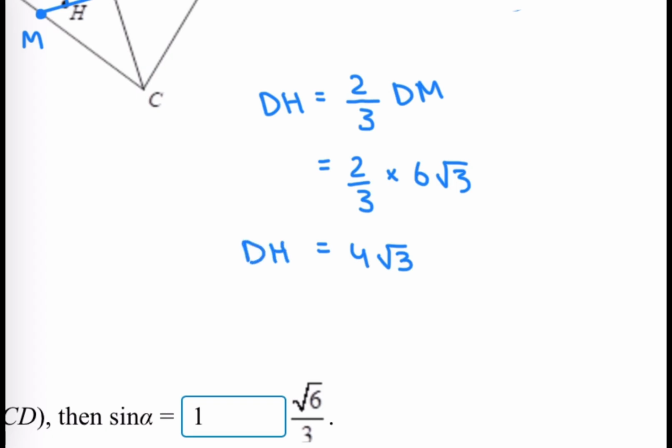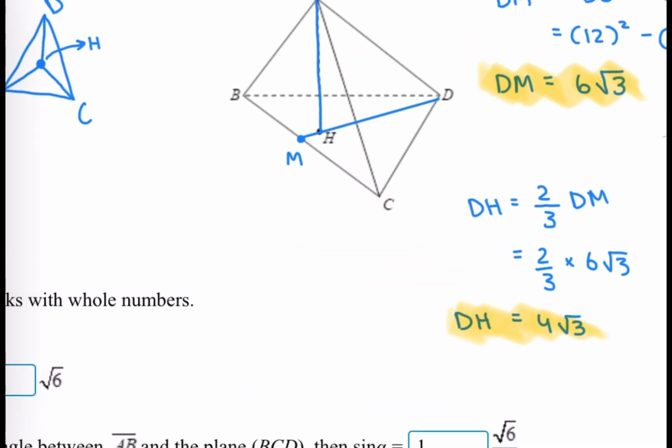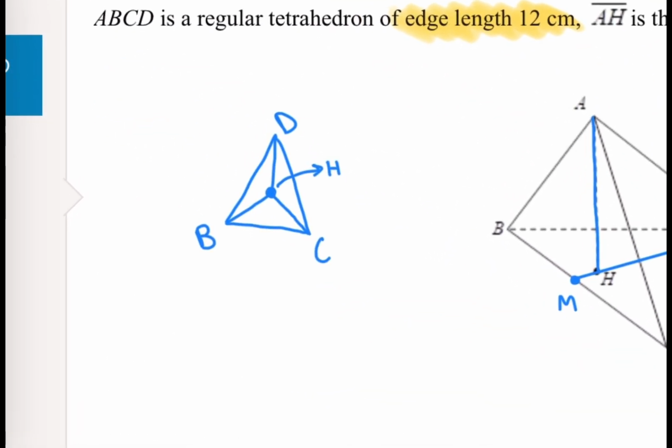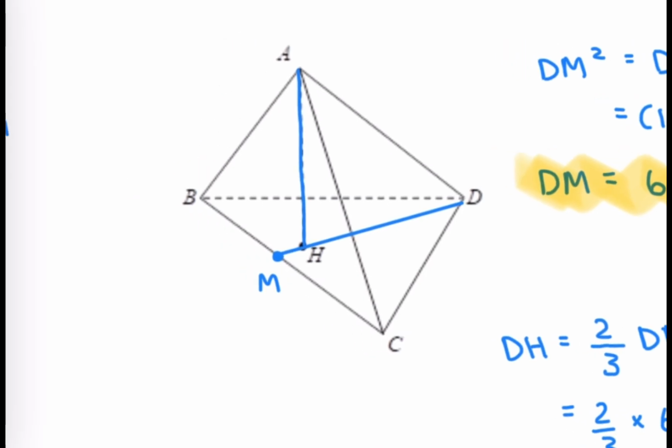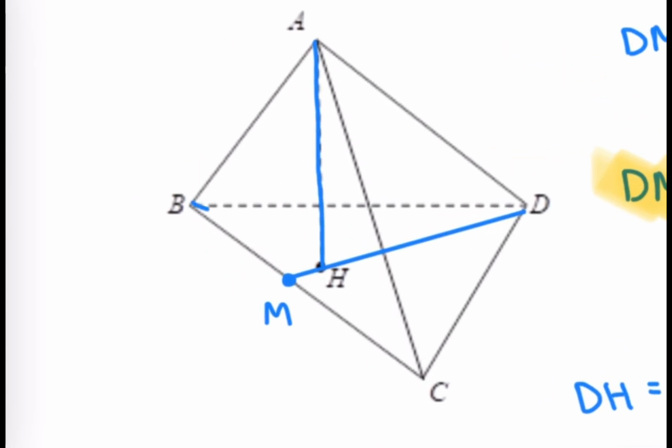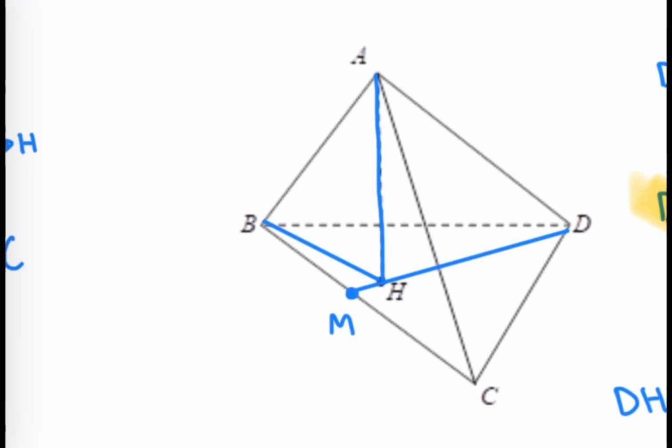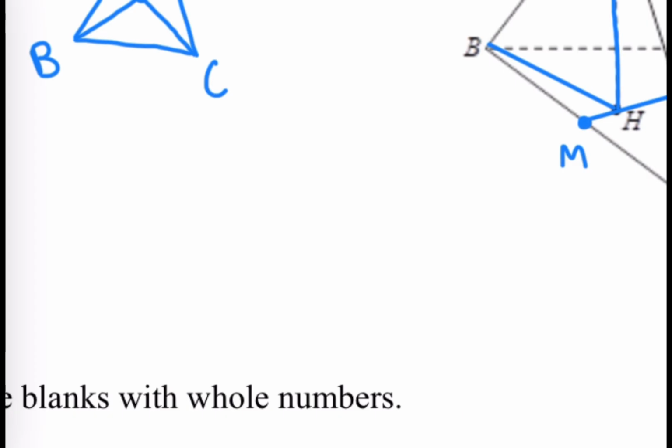Okay, now that we found the value of DH, like I said here, all these sides are at the same distance from H. So that means that DH and BH and CH are all the same distance. So what I can do is draw a line here, turn this into a right triangle, and now I can solve for AH. So I'm going to do Pythagorean theorem again.